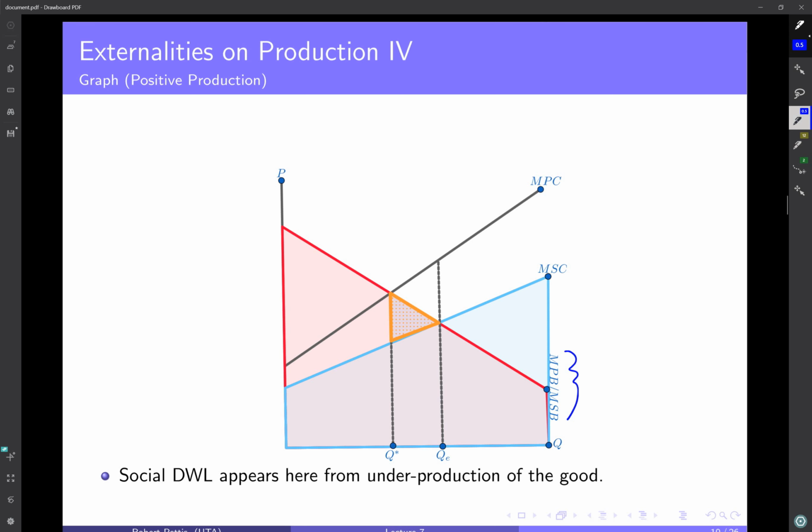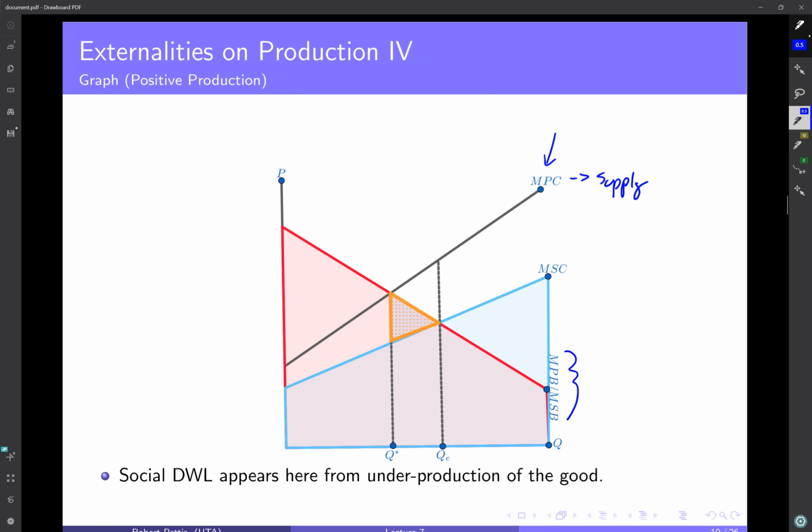But now we've got our marginal private costs and our marginal social costs below the marginal private costs. This is our supply, and this is the social cost to society right here. We're just going to follow the same steps exactly that we followed in the last video.